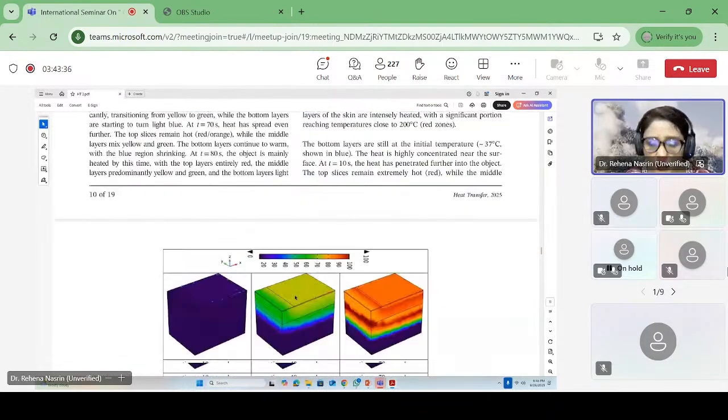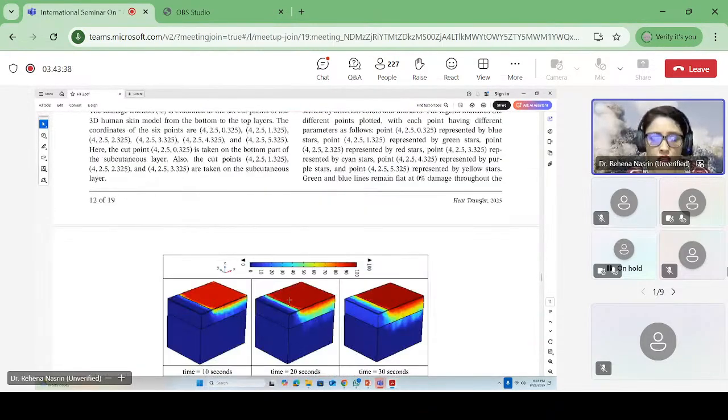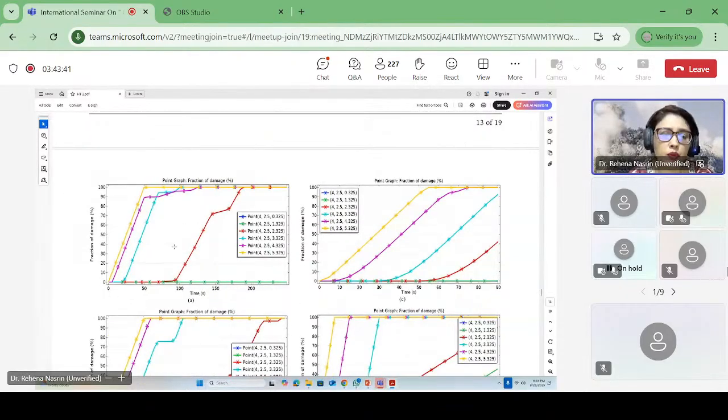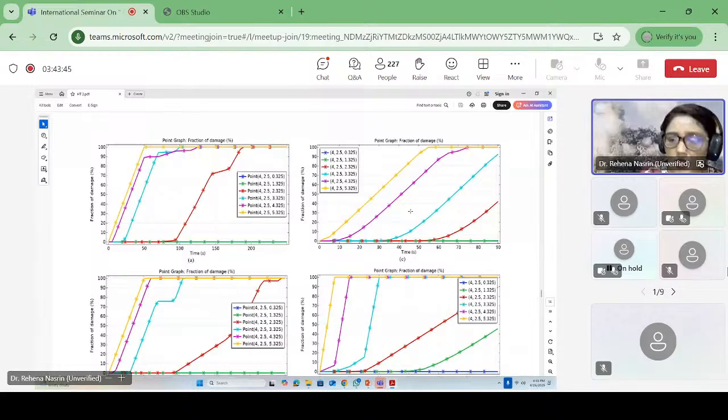You can see the section of damage. It's at different points from the top to the bottom layer. At the bottom it is 0%, and at the top layer of our skin the damage is almost 100% at 50 degrees Celsius.